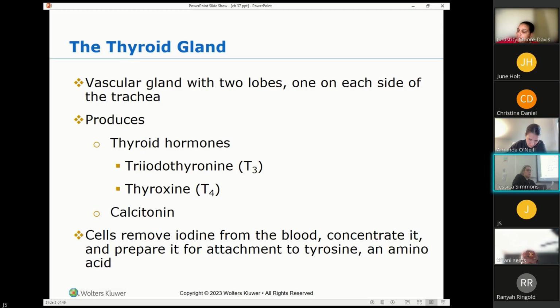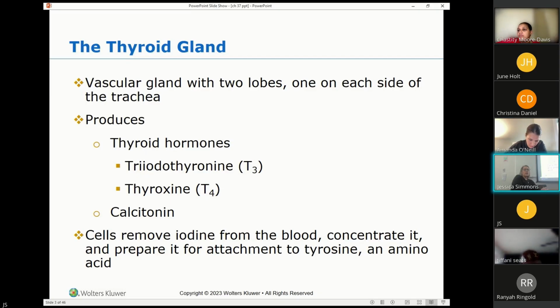Also, the cells remove iodine from the blood, concentrate it, and prepare it for attachment to tyrosine, which is an amino acid. So, if you didn't know, iodine is imperative to have within our diets.